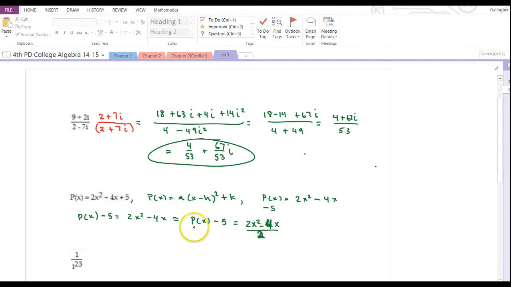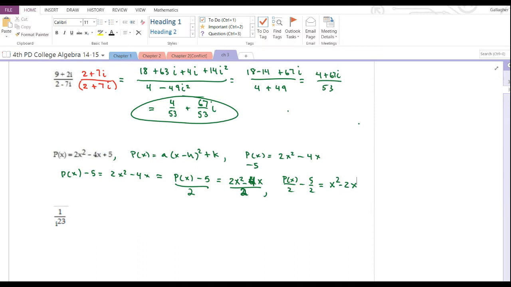I need a 1 there. Now, that gives me P of x over 2 on the left minus 5 over 2 on the left, and on the right-hand side of the equal sign, I have x squared minus 2x.